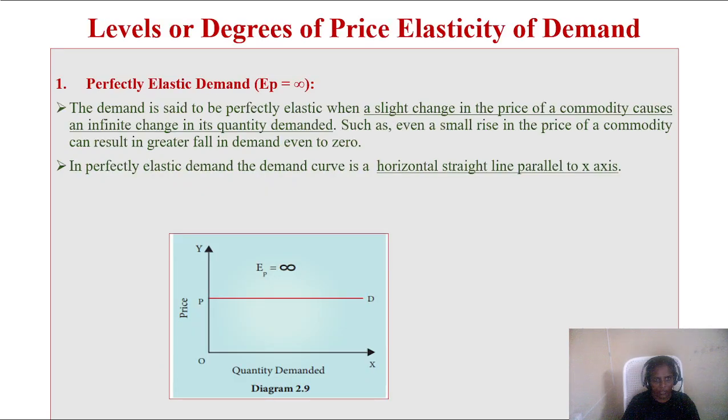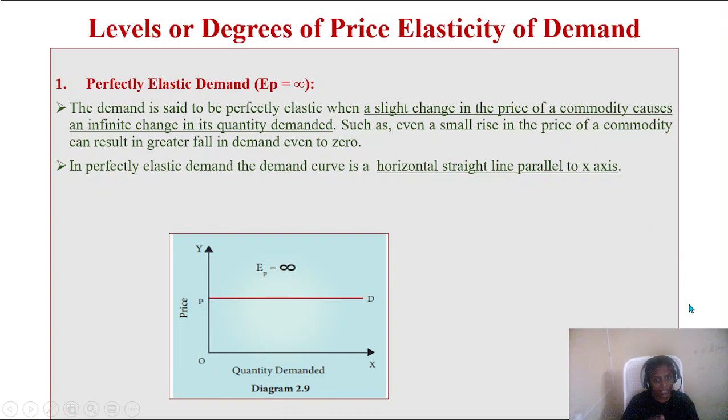The first elasticity of demand we have seen is price elasticity of demand, where a proportionate change in the price of the commodity leads to a proportionate change in the quantity demanded. Now we are going to see that not only one type happens.